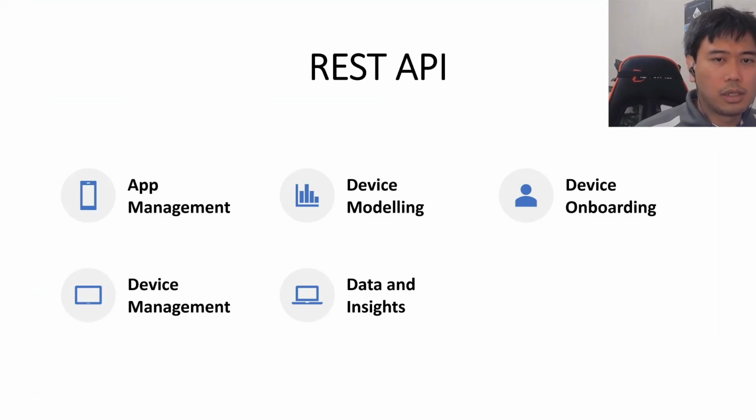Okay, moving along to the REST API. If you're building a companion app, you may want to do some of the management through the REST API. You can do app management and device onboarding through the REST API. The device modeling can be done through REST API, along with device management and some of the data insights.